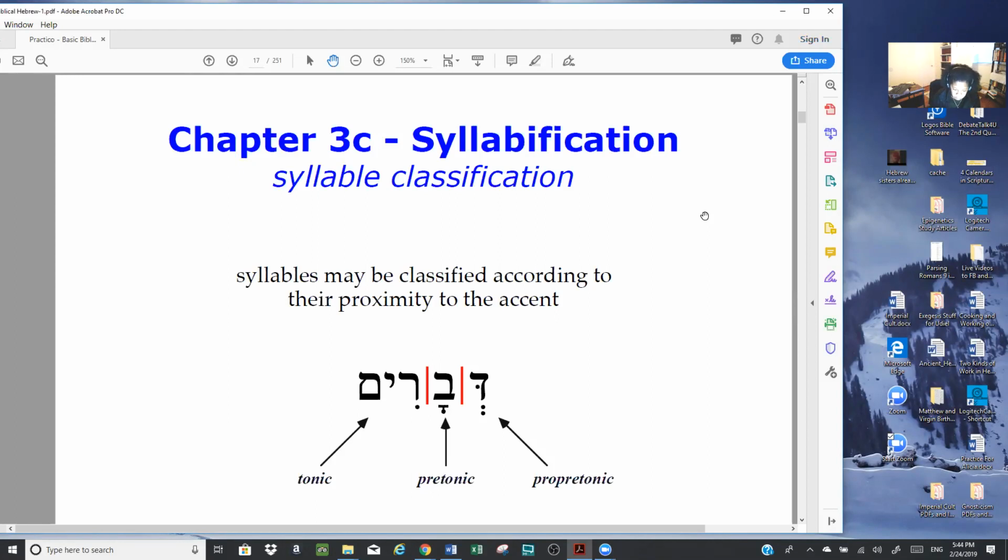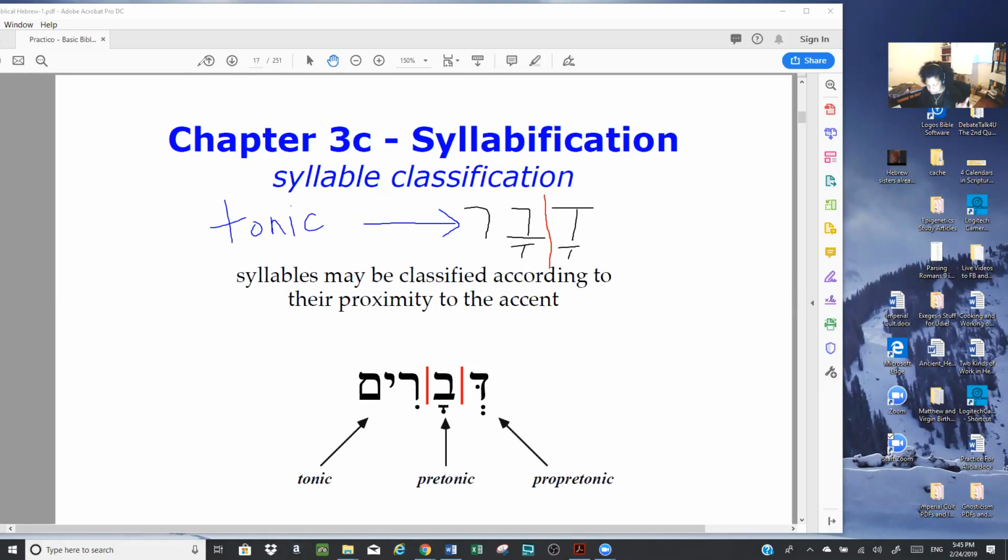Let's write out the word dabar up top. Da-bar. Bar would be the tonic syllable because it is the accented syllable.